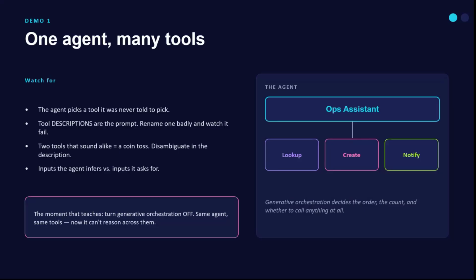You want to be very clear on when it needs to create, when it needs to notify, and when it needs to do a lookup. So typically you become the orchestrator of when and where these things get called. And if you describe them in a good way, your agent will be able to orchestrate what it calls in a predictable manner, instead of just jumping at random to whichever one it feels suits the purpose.